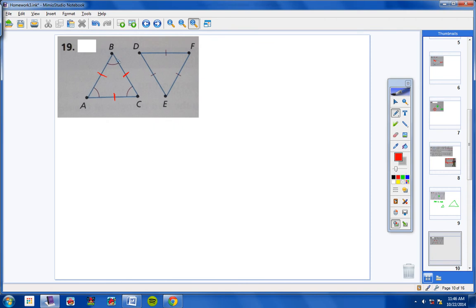Now look, I know this side here is congruent to this side here. In fact, I have all three sides of this triangle congruent to all three sides of this triangle. So yes, you see how I did that? Yes, I know for sure these two triangles are congruent because side, side, side, three sides of one triangle are congruent to three sides of another triangle. So most definitely we know that by side, side, side, okay?